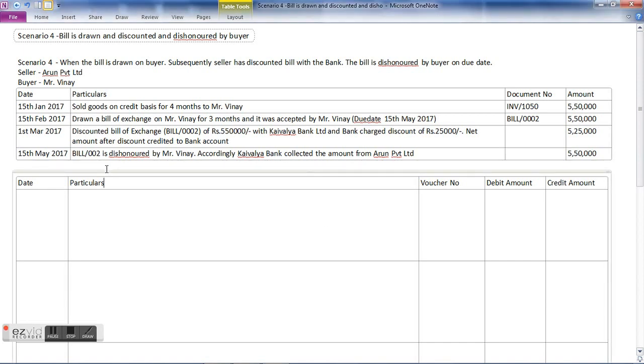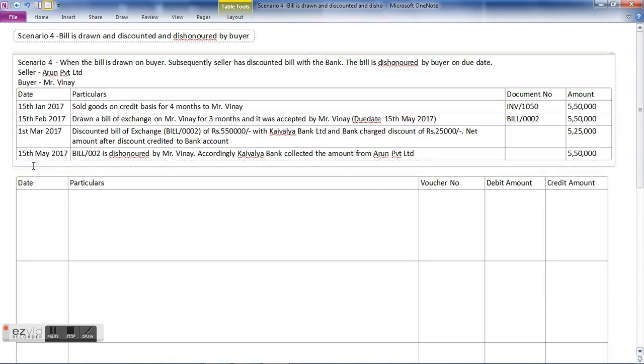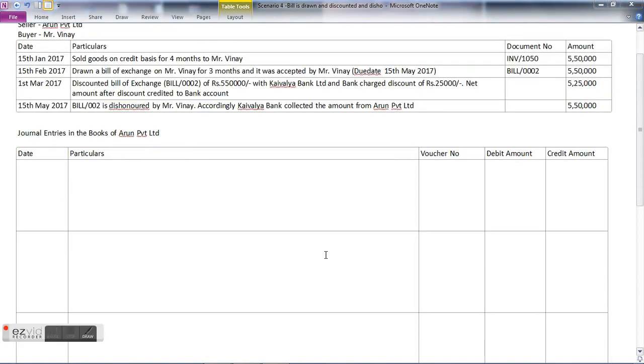Now let's pass the journal entries in the books of Arun Private Limited first, that is the seller. On 15 Jan 2017, Arun Private Limited sold goods on credit basis to Mr. Vinay. So this will be the entry for the credit sale.